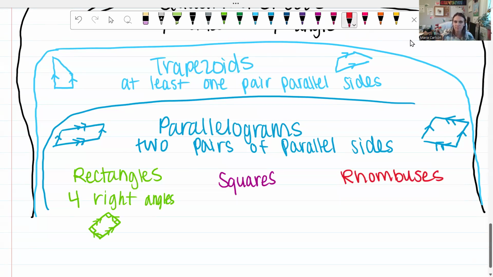Rhombuses have two pairs of parallel sides. They don't have any right angles. Instead, they have four congruent sides. So rectangles have four congruent angles. Rhombuses have four congruent sides.